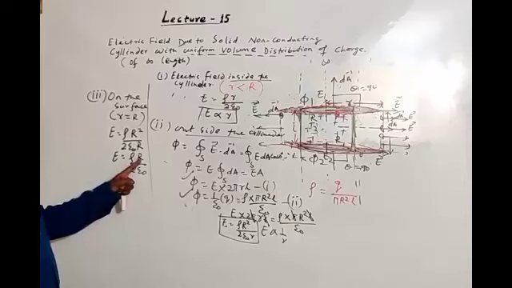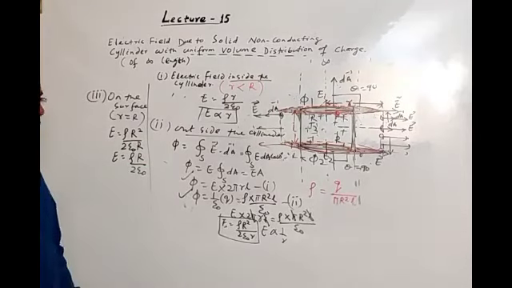Volume charge density is constant, the radius of the cylinder is constant, and epsilon naught is constant.